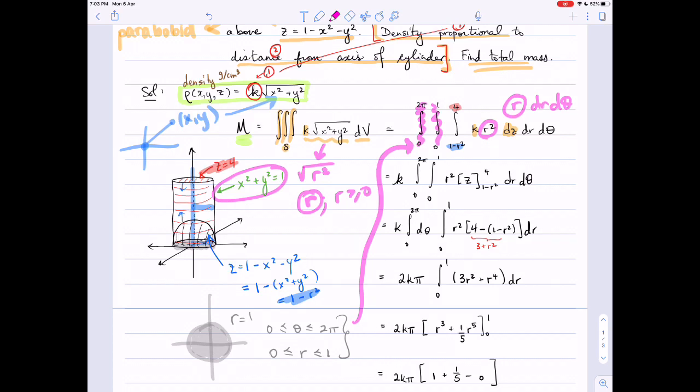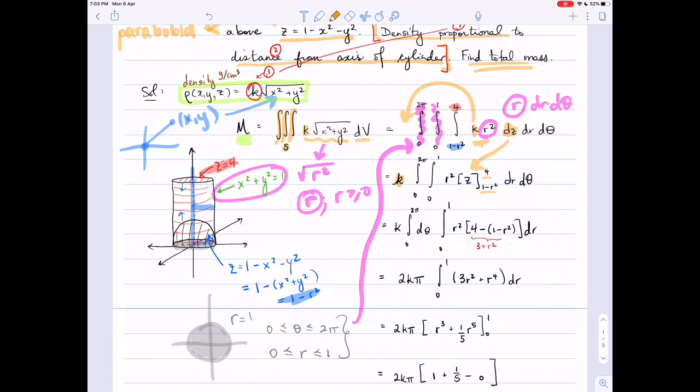And then it is just a matter of proceeding as we would with any integral once it's been set up. We start with the inner integral. The first thing I did was move the constant outside. Then I integrate with respect to z. There is no z in the integrand, so the integral of dz gives me z from 1 minus r squared to 4.